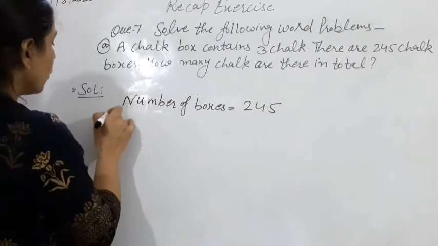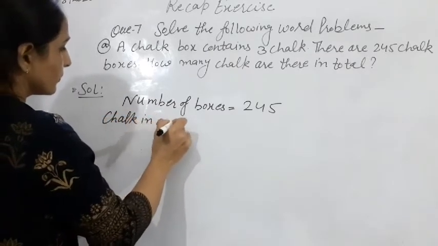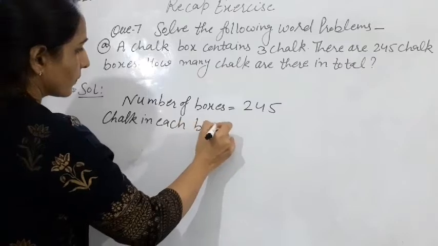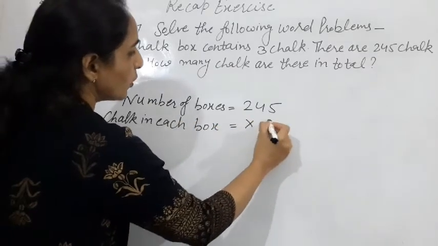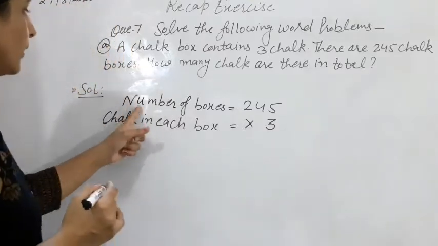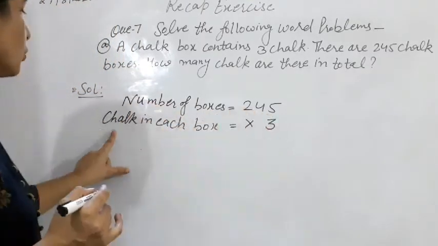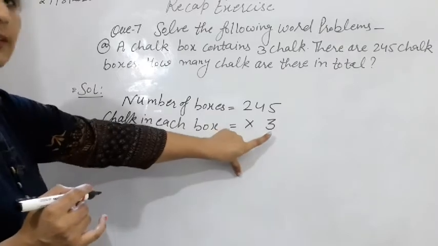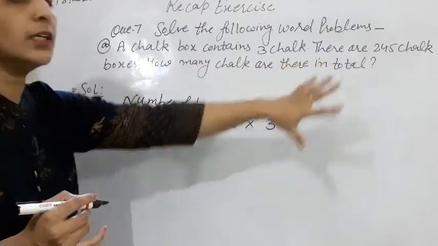And then chalk in each box it's 3. Clear? Chalk in each box, that is 3. Number of boxes, total number of boxes is 245. Chalk in each box, it's 3. Now the question is, how many chalk are there in total?